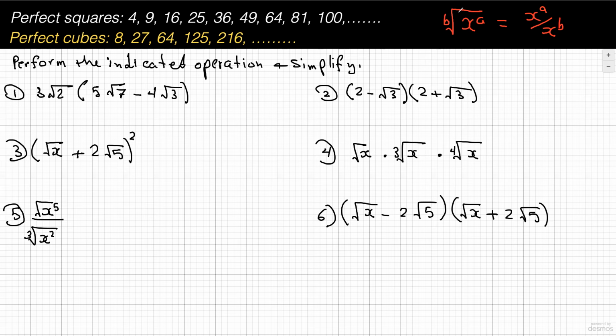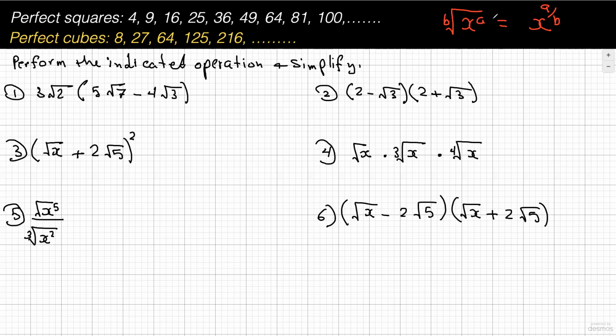What I added today to the radicals chapter is that if you have the b root of x to the a, where b is the index, so it could be a cube root, the fifth root, whatever, and a is the exponent on the x, that could be changed to x to the power of a over b.